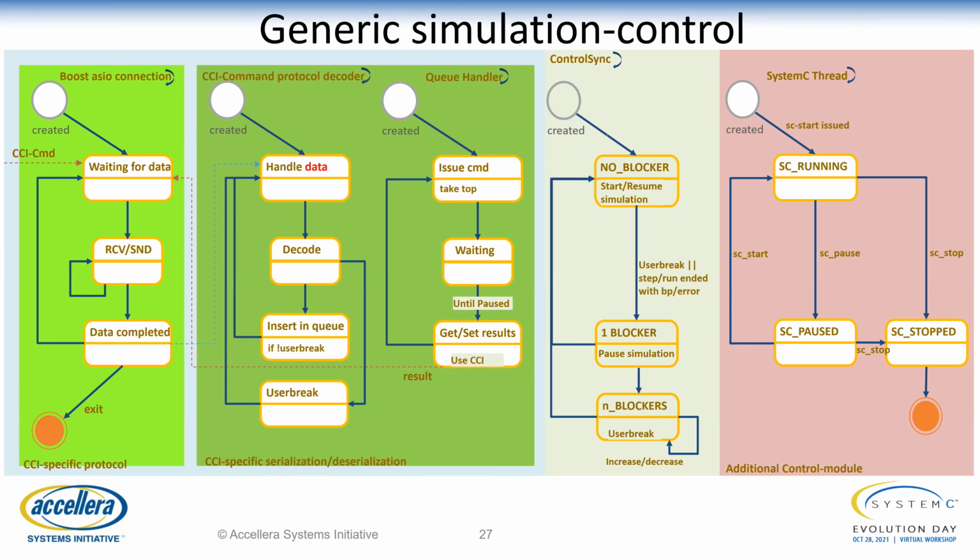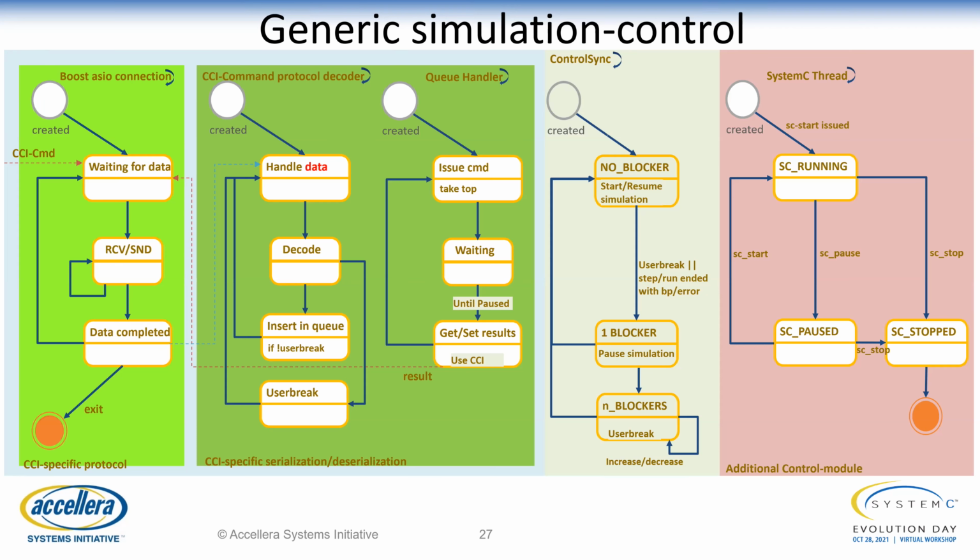So if we have this generic simulation control, how would it work? That is in the case where we would use basically some kind of CCI remote protocol. It would look a lot like what I presented for the GDB remote serial protocol.